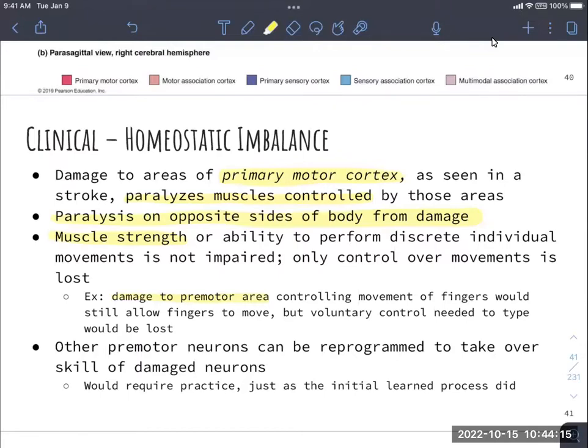Our brain is pretty powerful. It does some really cool stuff. Because if a certain part of the brain dies because of a stroke or something, you can retrain your brain to do things. Other areas of the brain will pick up the tasks of something that was lost.